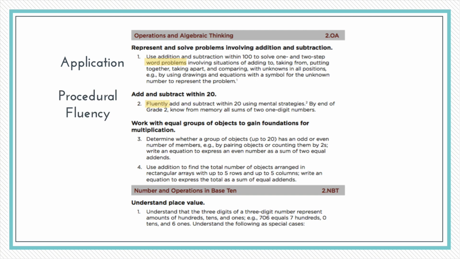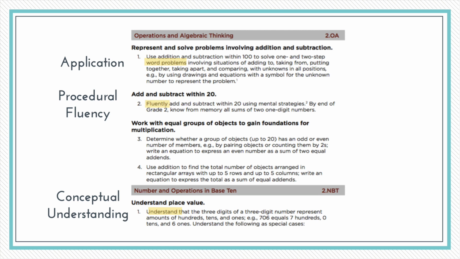We need tasks that are helping kids build their fluency on that specific standard. And then when you see standards that say understand, this is when we are building their conceptual understanding, helping kids understand place value in second grade. We aren't working towards fluency with place value in that standard. There might be another standard with procedural fluency for place value, but in second grade, that standard is asking kids to build their conceptual understanding.